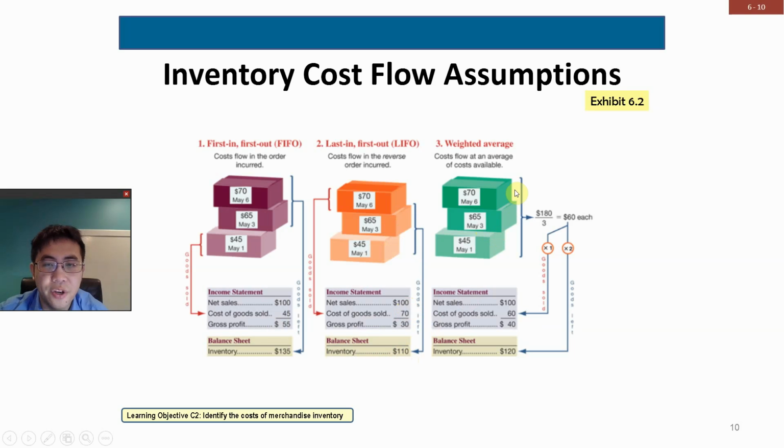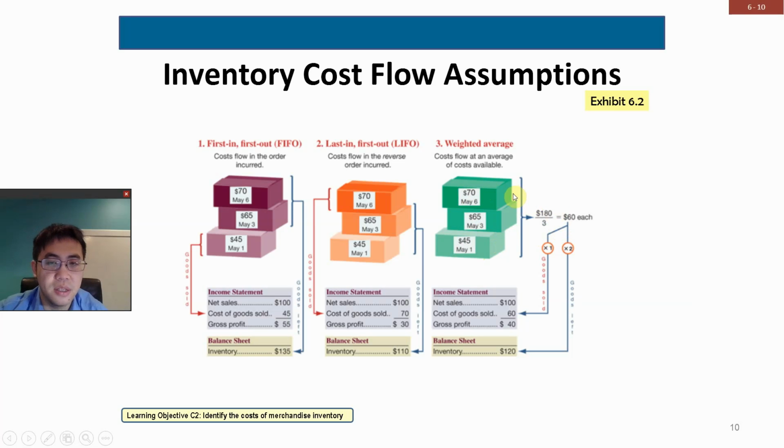You can also do this. We call it weighted average. So that means when you make the sale and you have 3 blocks of merchandise, you just get 1/3 from each block. So in total, you have spent $180. So that's 70 plus 65 plus 45. That's $180 for all the merchandise you have purchased for all 3 blocks. And then you divide it by 3.